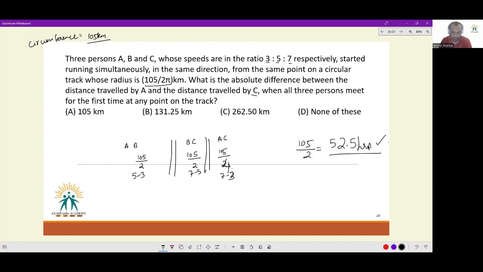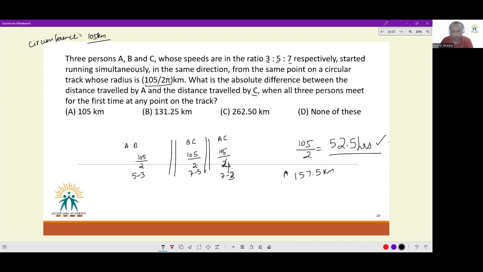And in 52.5 hours, how much distance does A travel, how much distance does B travel, and how much distance does C travel? All of that can be calculated. Let us go ahead and calculate. 52.5 into 3 gets me to 157.5 kilometers.